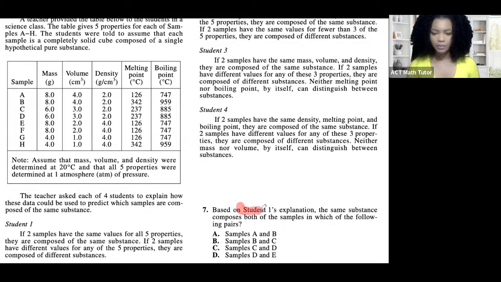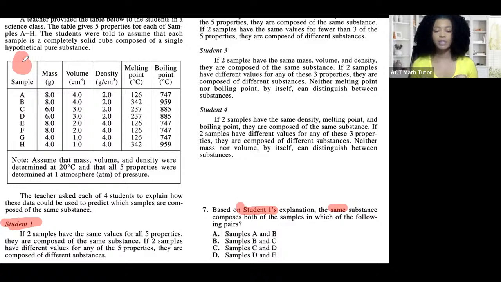We want to see what that student is talking about in their explanation. Then it says the same substance composes both of the samples. So we're talking about samples, and we know that information is going to come from the charts.